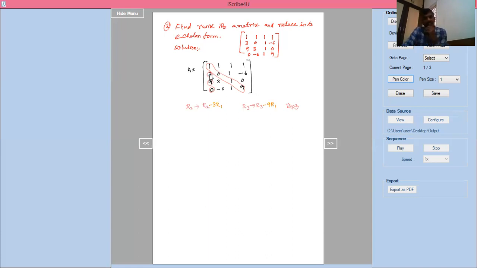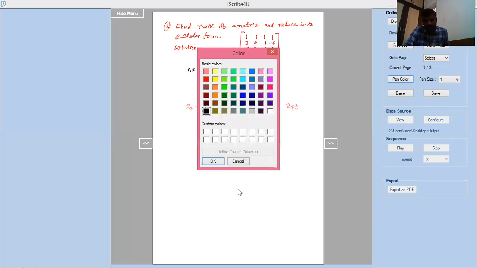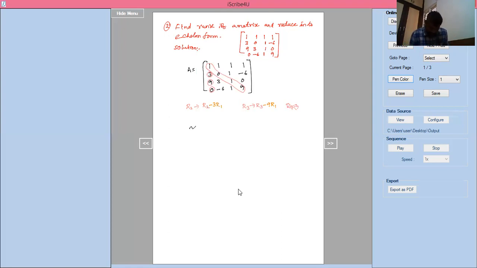Now I can simplify this using these row operations. The first row stays 1, 1, 1, 1.